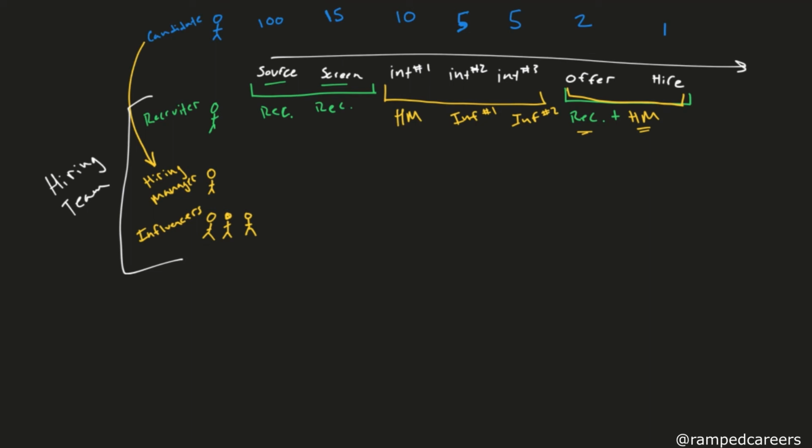But really quickly, what I want to do here is just mention two other pieces of the puzzle. In this sourcing phase right here, you might have one other person come in, and this person would be a dedicated sourcer.